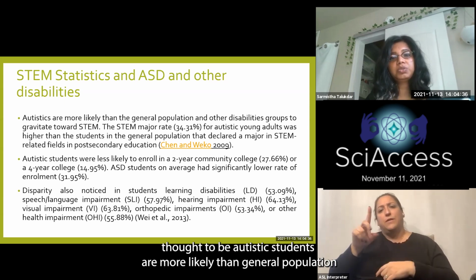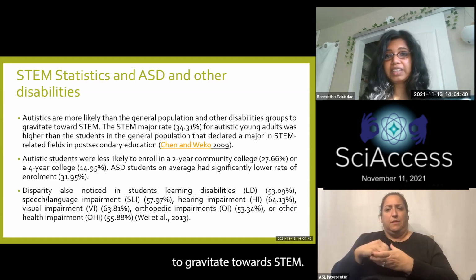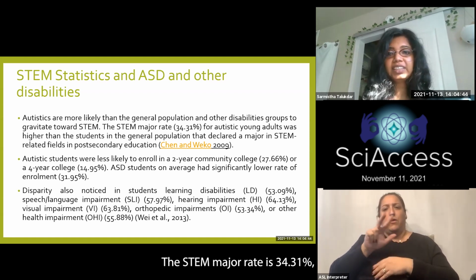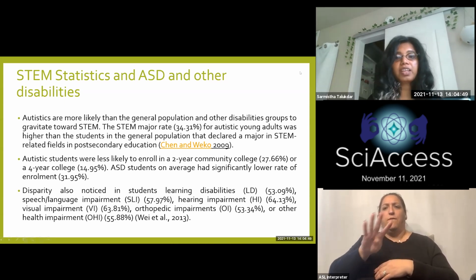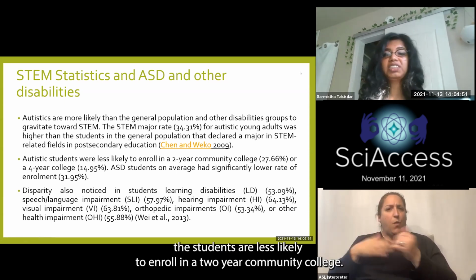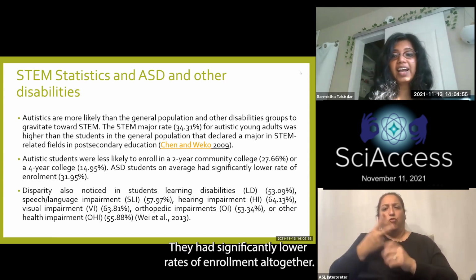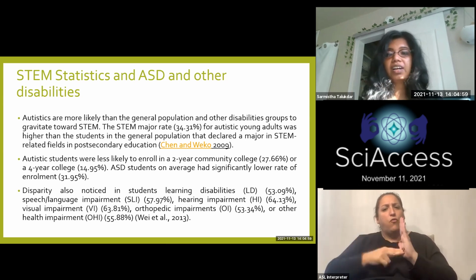Autistic students are more likely than the general population to gravitate towards STEM. The STEM major rate is 34.31%, which is higher than students in the general population. However, in spite of this, autistic students are less likely to enroll in a 2-year community college. They had significantly lower rates of enrollment altogether.